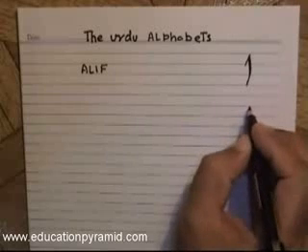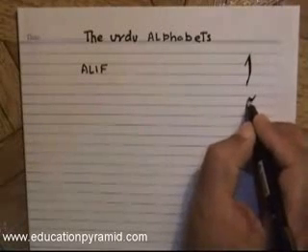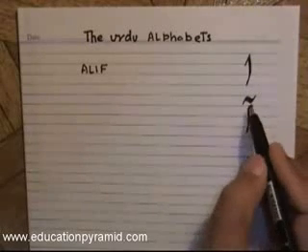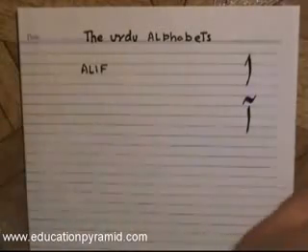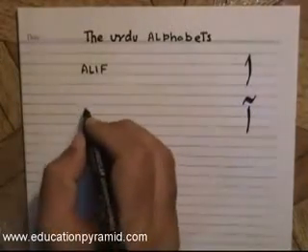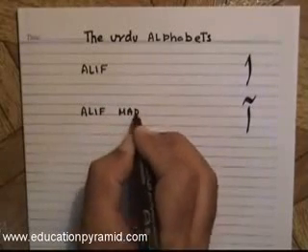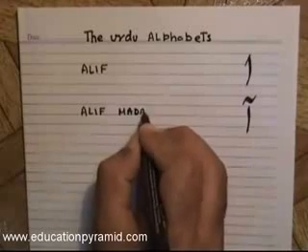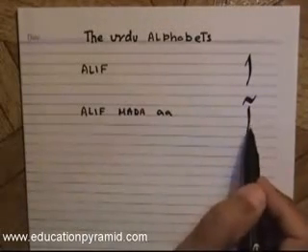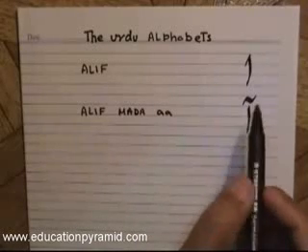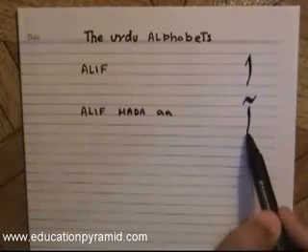And then similar to alif, we have another letter, we call it alif, and then we make this symbol at the top of alif, and this is read as alif mad, alif madda a. So this is a long sound, a, alif, a.